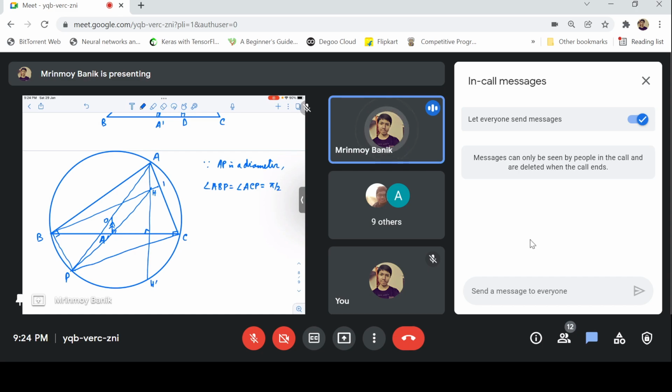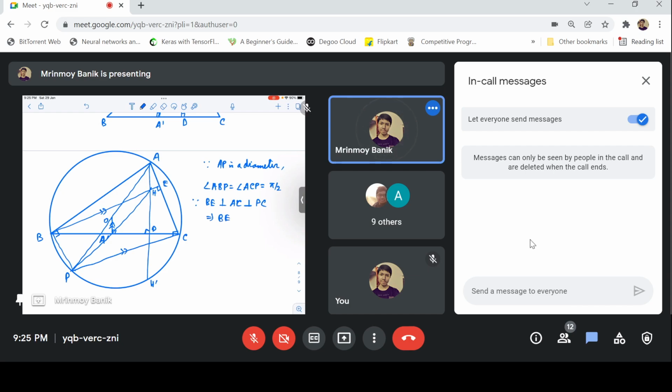And this BE is also an altitude, so it's perpendicular onto the same line AC. Since BE is perpendicular to AC, this proves BE and PC are parallel.